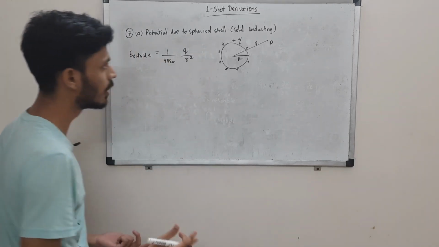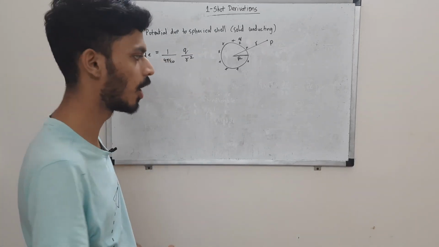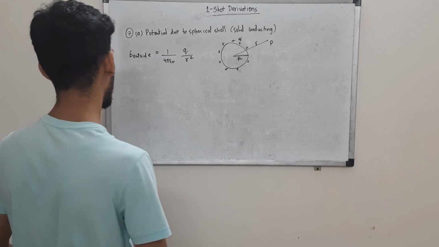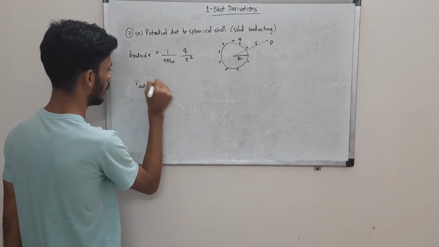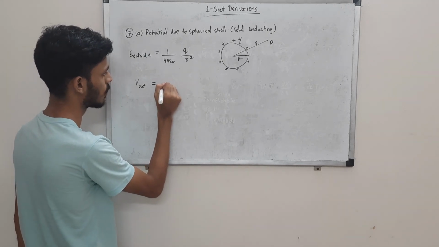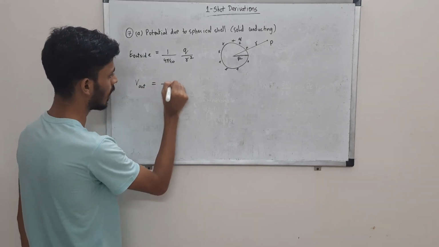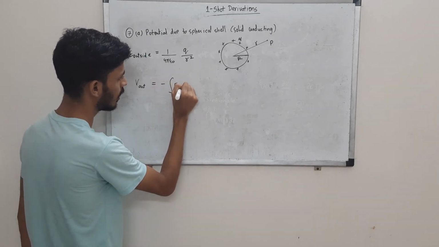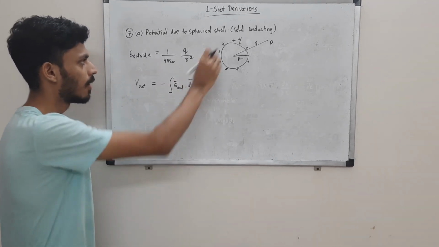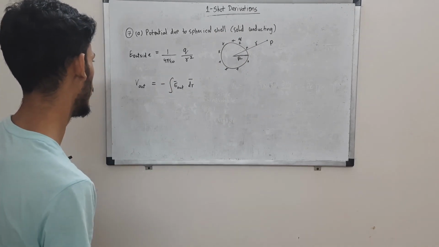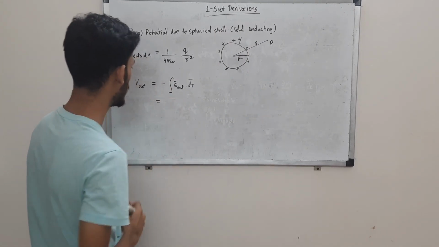Now we already know the relationship between potential and electric field. You can use this electric field to find the potential outside the sphere. So this will be the integral of E dot dr, E on the outside dot dr. They are in the same direction, E and dr, along the radial direction, so cos 0 basically.